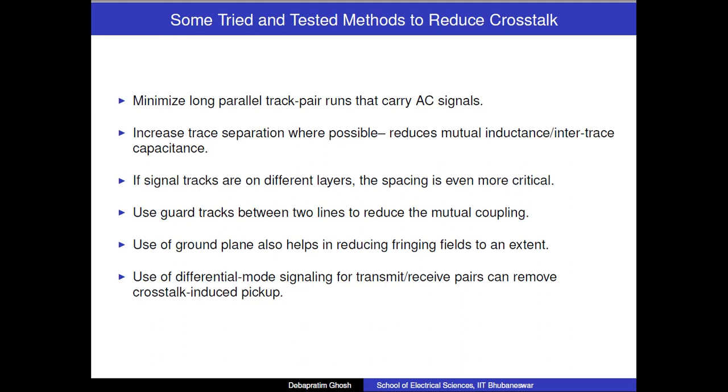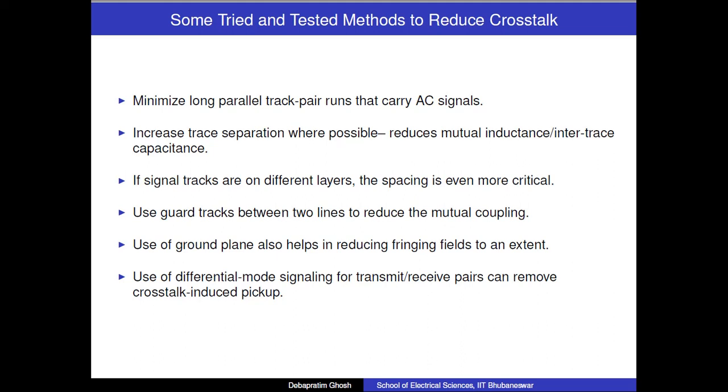You can use ground planes or guard tracks in between two parallel tracks. This reduces the coupling or the capacitive crosstalk by a fair amount. A ground plane is nothing but a conductor which is connected to ground that is spread over in some shape across the PCB. So what is a ground plane? We shall see when we look at the demo of the design software.